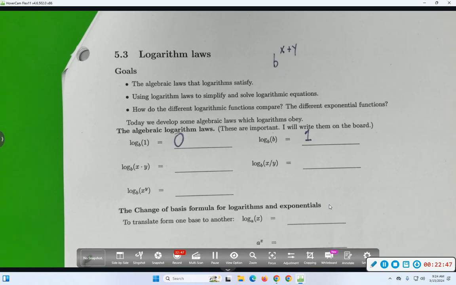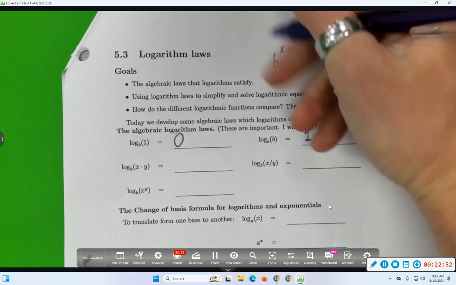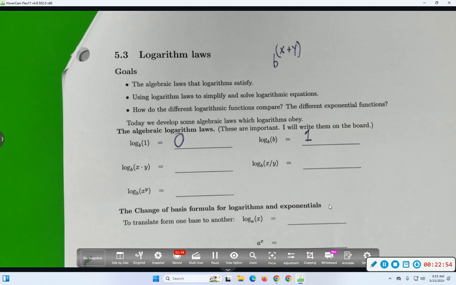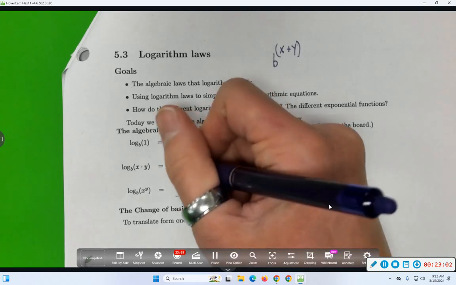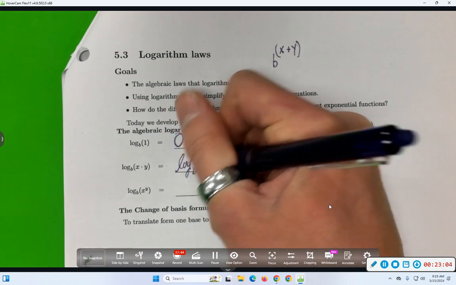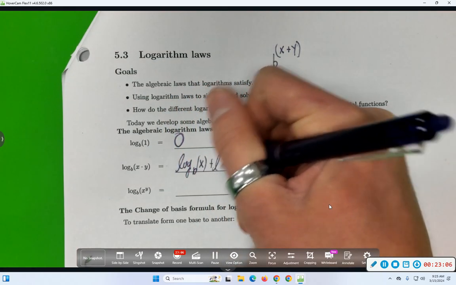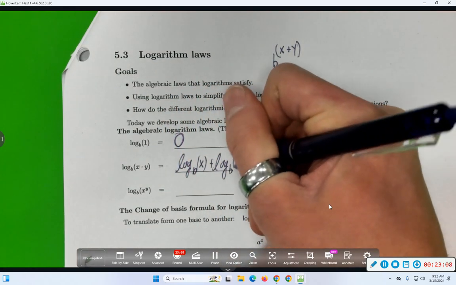Is it you add x and y? Right now I am adding x and y, but in the exponent. It's the log base b of x plus log base b of y. Yeah, so you're answering the question that I'm not asking yet. I'm trying to motivate why this should be true.